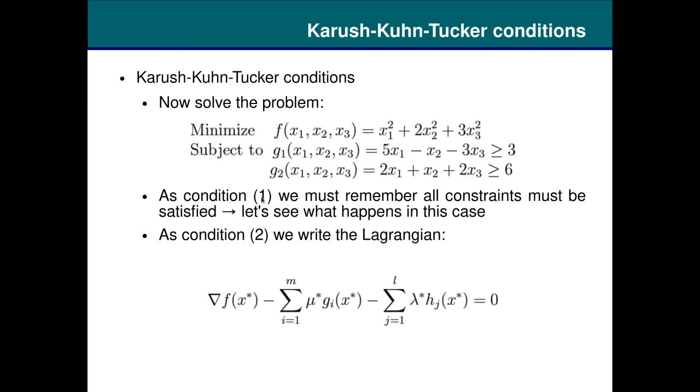I don't need to assess the first condition at first. I can assess the second first and then go for the first condition later. This is a minimization problem. Again, remember, this must be a minus sign. We're going to understand why this is minus, but that's going to take some time, believe me.